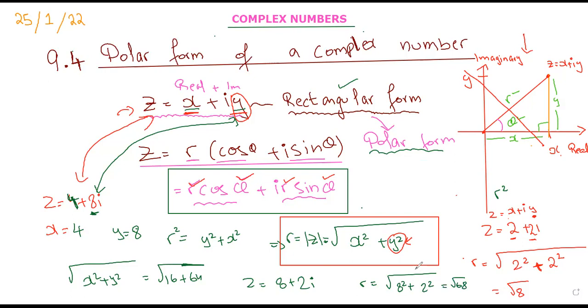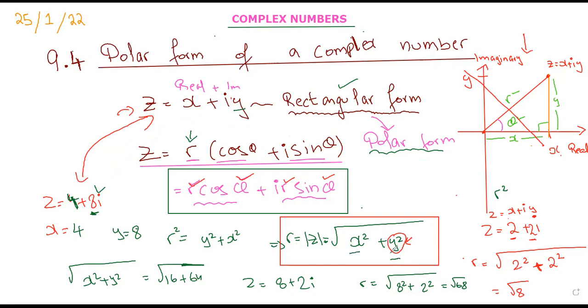Always remember, don't think that in some places we are writing iota with square and in some places we are not. We are talking about maths, we're talking about logic. If you have been told that this is your z, and this is the polar form where you have r, and in order to find this r you have to do x square plus y square, what is y?